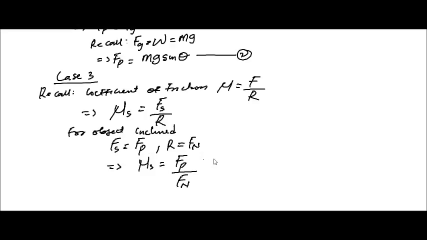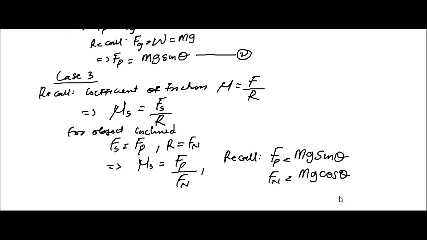Now we are going to make some recall. Recall that from equation 2, which is this one, we have that F subscript p is equal to mg sine theta. And from equation 1 we have that F subscript n is equal to mg cos theta.